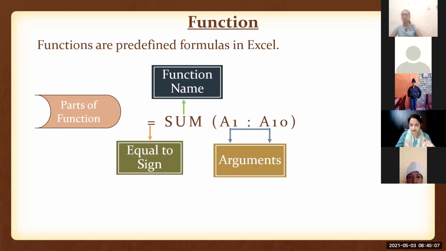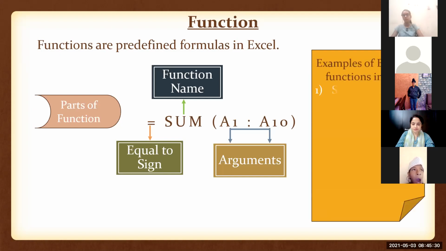Arguments are always given in round brackets, and the round brackets are called parentheses. So the function will start with the equal to sign. Function name is the name of the function, the predefined formula that is already defined in Excel. You have to pick that name according to the calculation that you want.